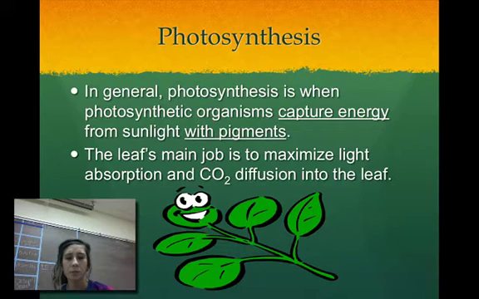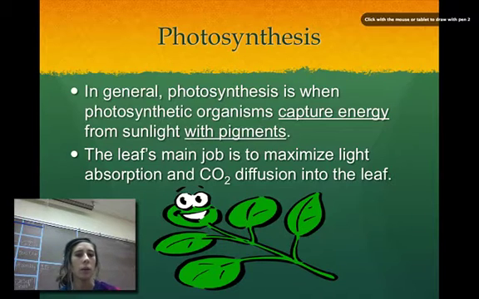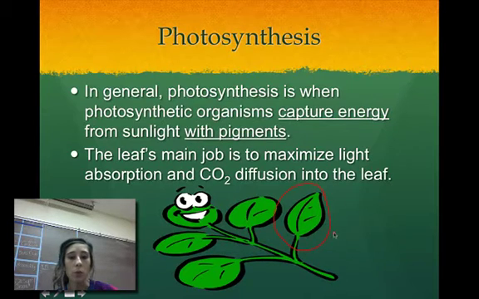And so photosynthesis occurs on a leaf, and a leaf's main job is to maximize the light that gets absorbed and the carbon dioxide that's diffused into the leaf. So you probably are aware that plants utilize carbon dioxide in the air for photosynthesis, and plant leaves are really great for maximizing that absorption of light.